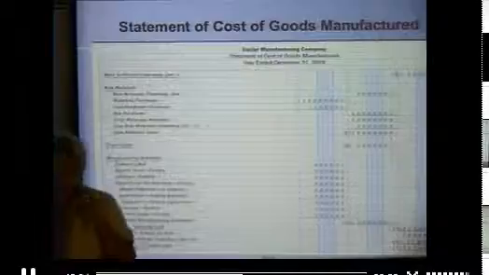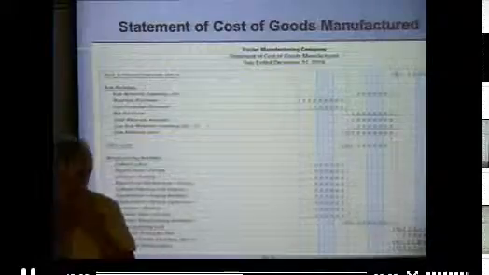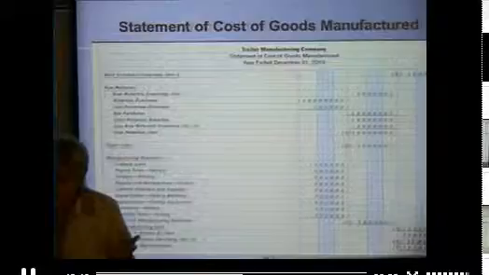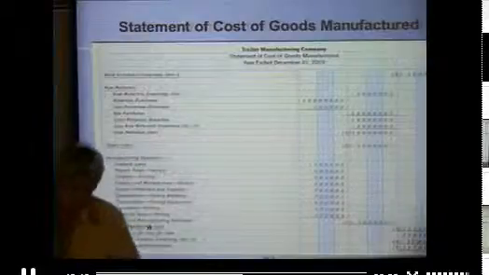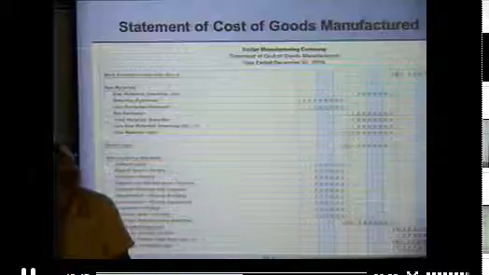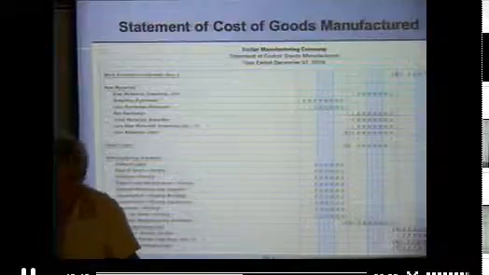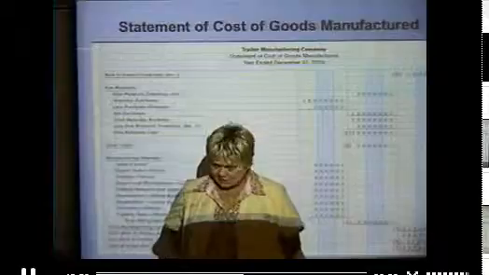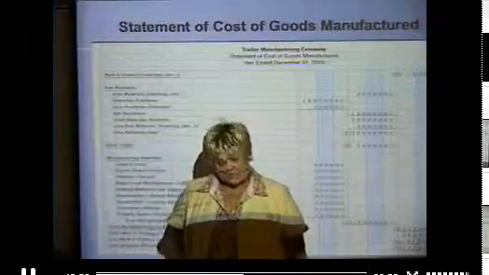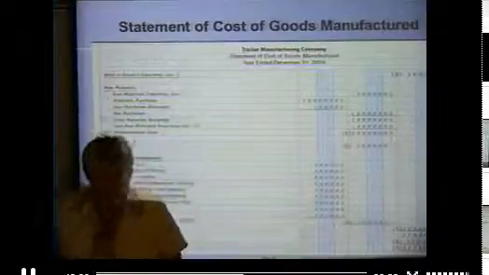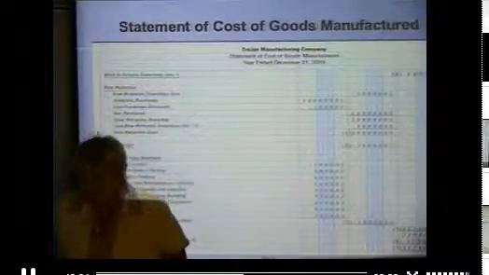Direct labor, that one's not hard, because it is actually the people on the payroll for that product, right? They're the ones actually working on it. The manufacturing overhead includes things we talked about in that other chapter: indirect things that you allocated in the last chapter. Utilities, indirect labor, repairs and maintenance, anything that had to be allocated.